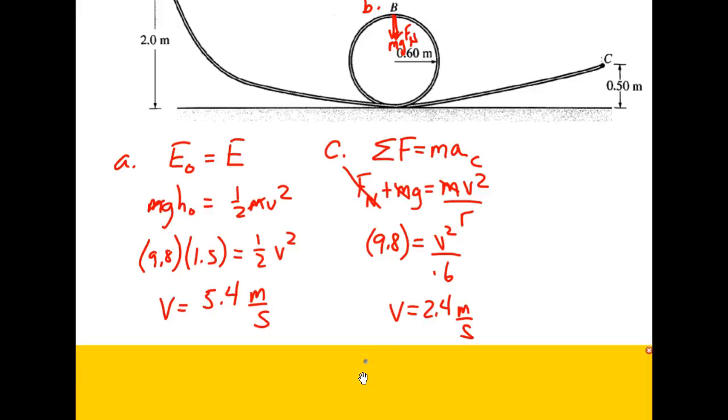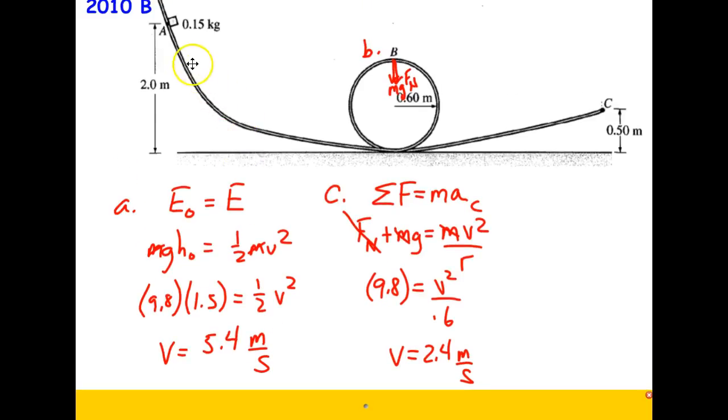D, calculate the minimum height, h min, above the bottom of the track at which the block can be released and still go around the loop without losing contact with the track. So they want, at what point up here could you still release it and it will still make it around the circular loop? In other words, at what point up here can you let go of it?